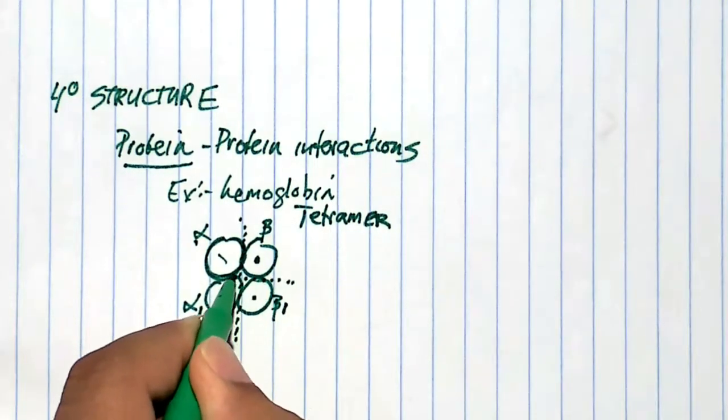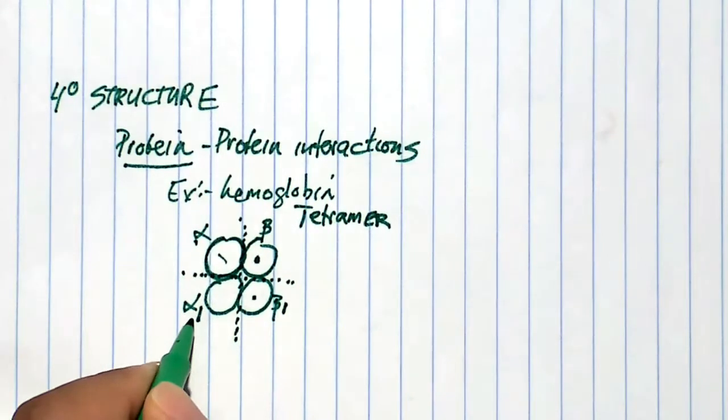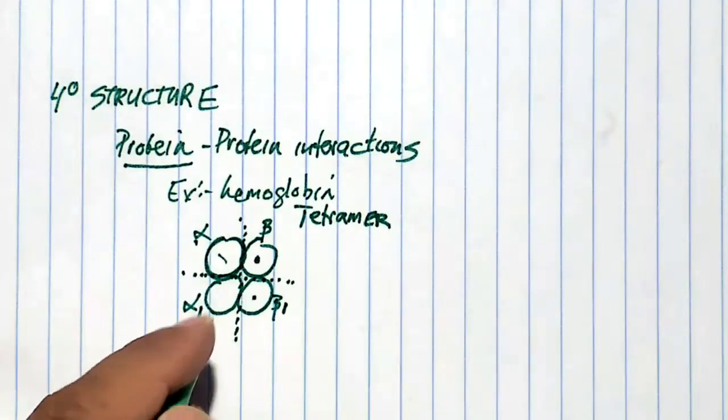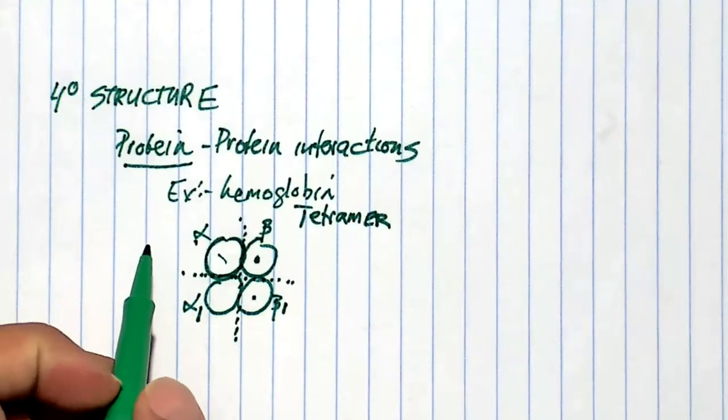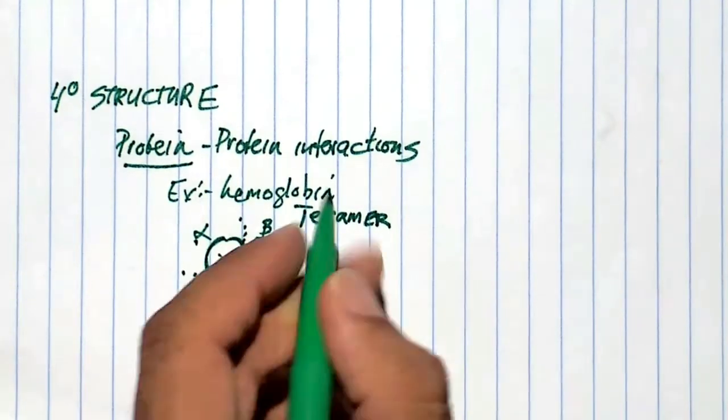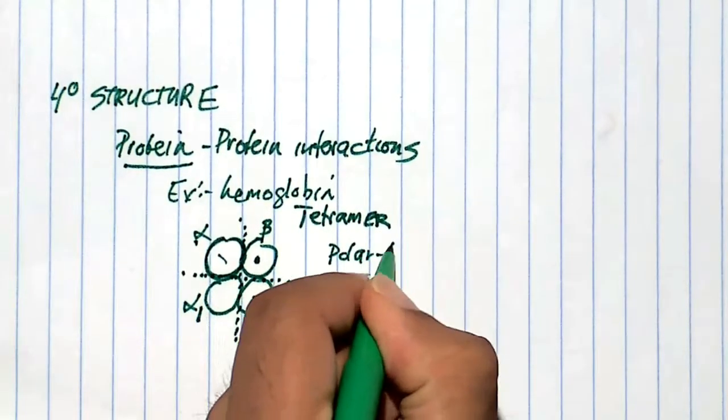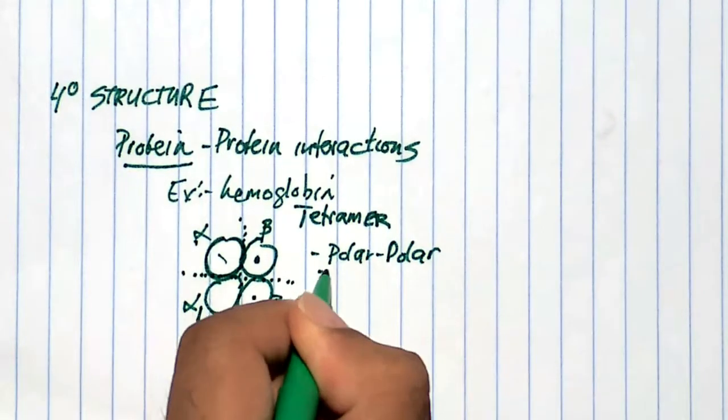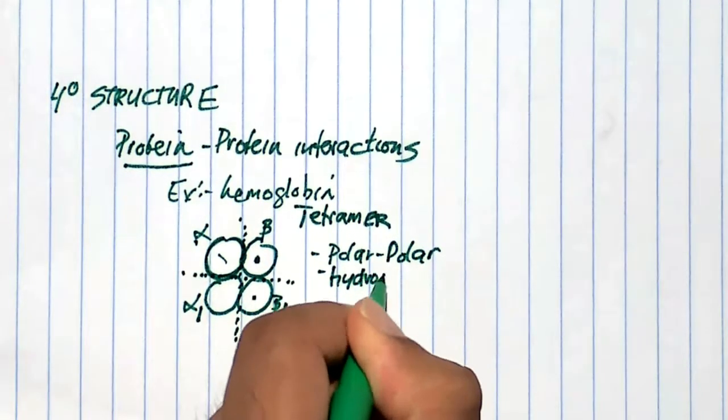Okay, non-covalent interactions. This alpha 1 interacts with beta 1 and beta subunits through non-covalent interactions. Again, your polar-polar side chains, non-polar, hydrophobic. Okay. These are driving forces.